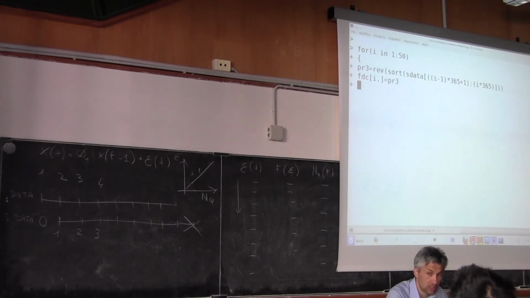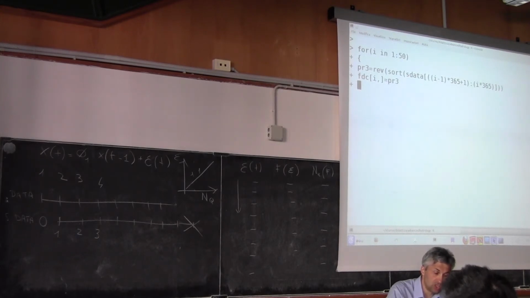Sort means that you order the data in ascending order. Reverse, REV, means that you invert the vector, so you get it sorted from the biggest to the smallest. And what you sort at each loop are the data of the ith year.